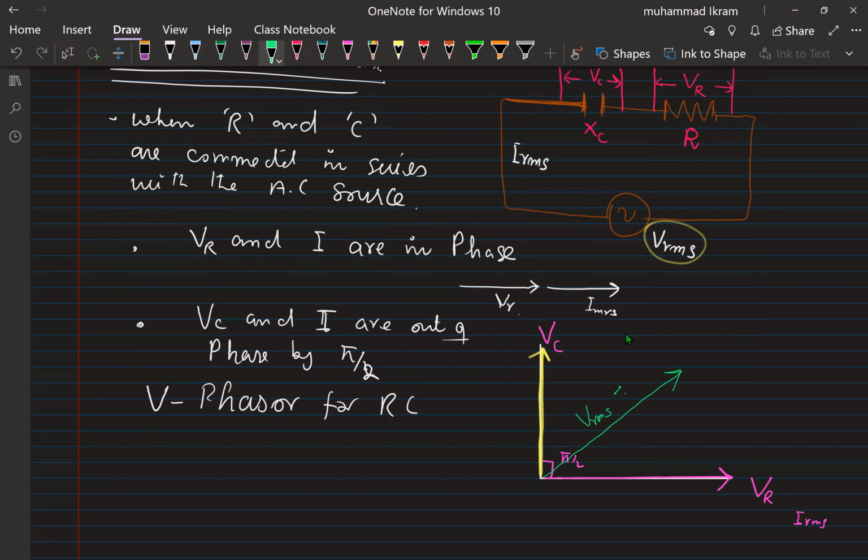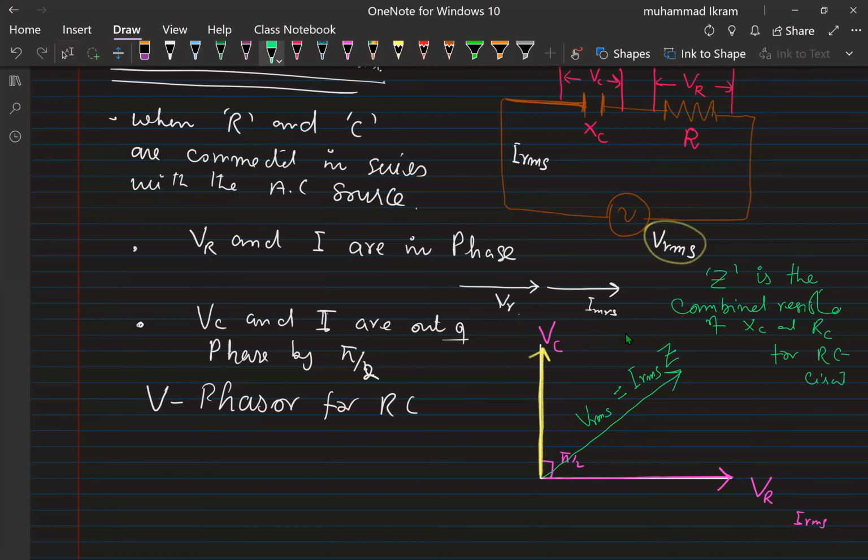This Vrms will be equal to Irms times the total resistance, the combined resistance of Xc and R. That combined resistance we call Z, and later on I will tell you more about what this Z is. Z is the combined resistance of Xc and R for the RC series circuit.